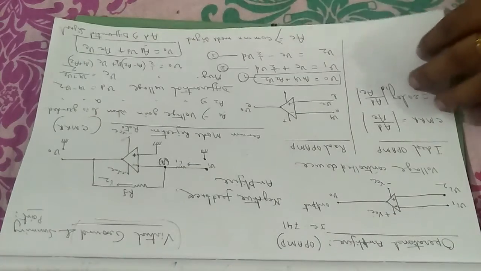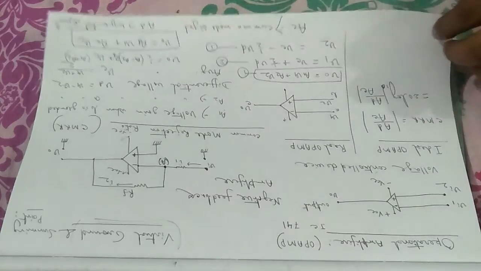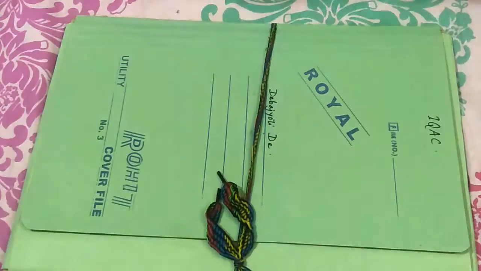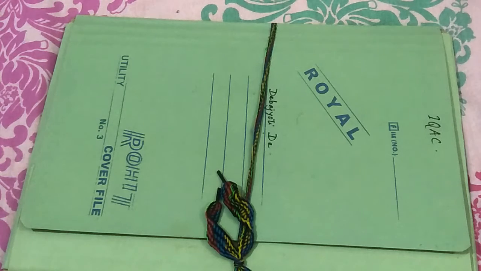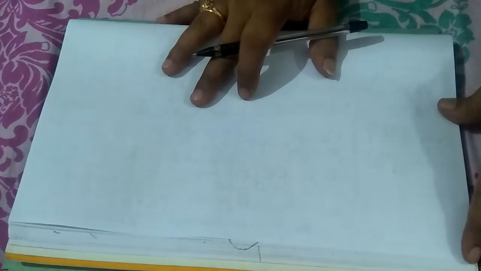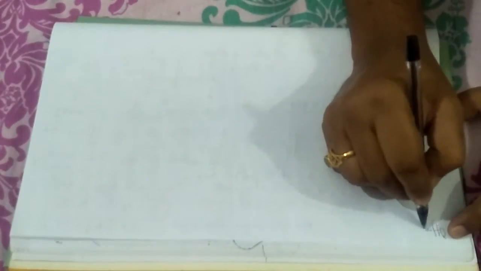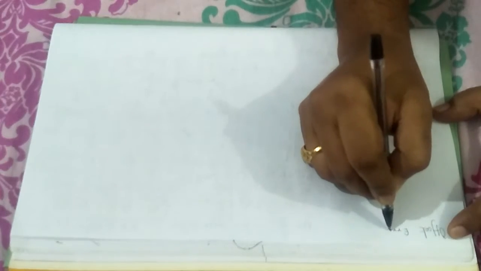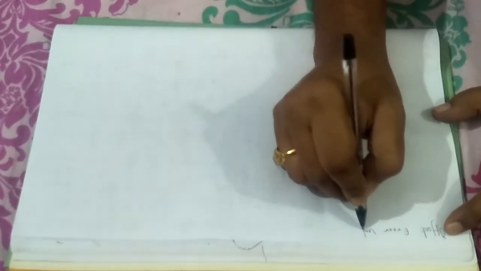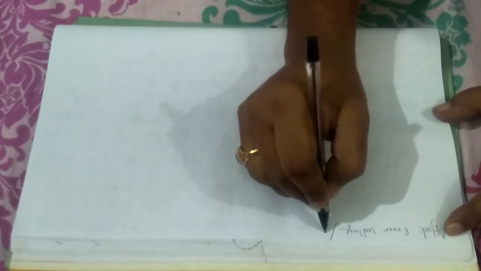Now let us move towards another part of the characteristics of the op-amp. In these characteristics we will look at the offset error voltage and offset error current. What is offset error voltage and current?